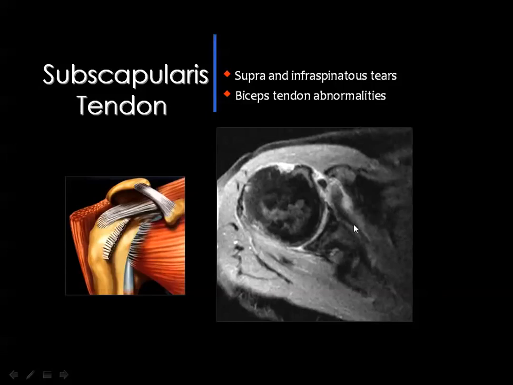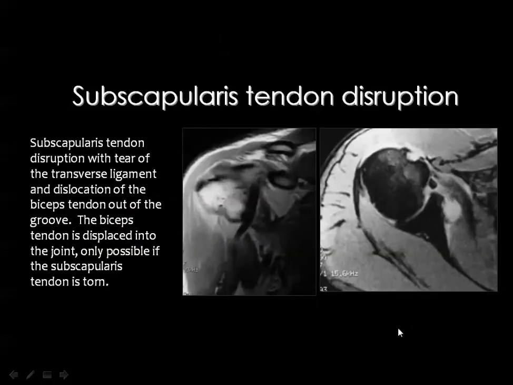This is the subscapularis tendon, which is torn and is not reaching the insertion site in the lesser tuberosity, and this is the biceps tendon, which should be here in the bicipital groove, but because of the rupture of the subscapularis tendon, the biceps tendon is now dislocated outside the groove. And this is also another example, and I recommend to evaluate biceps tendon abnormalities in the axial image, looking at the tendon within the groove.